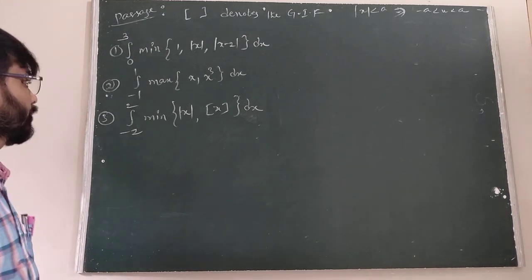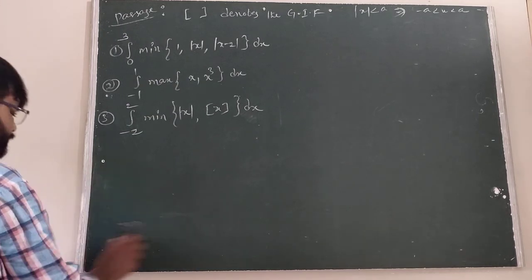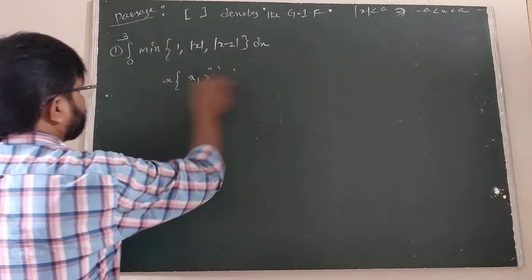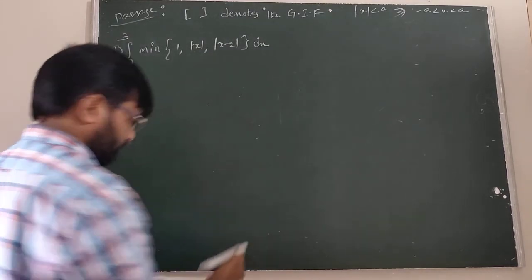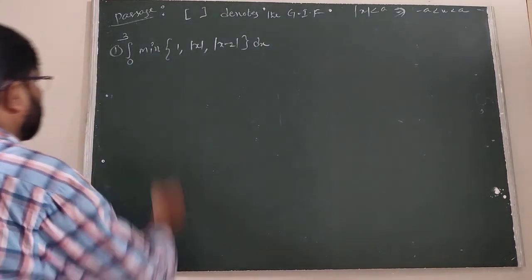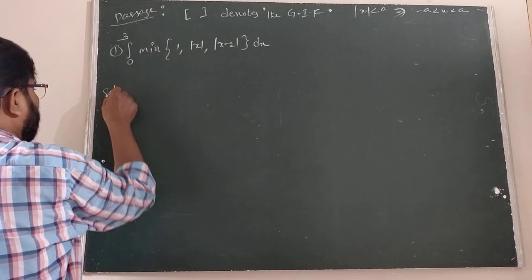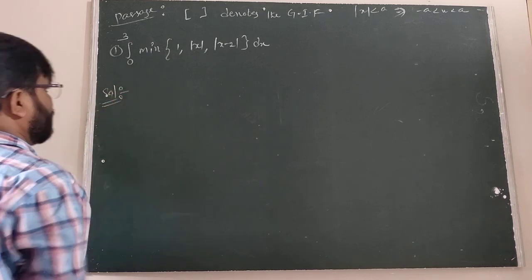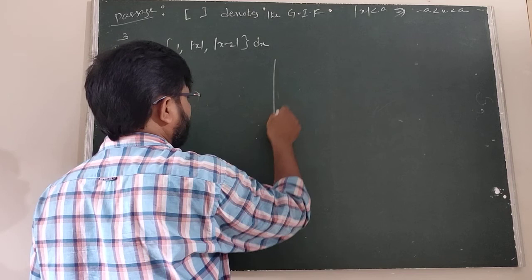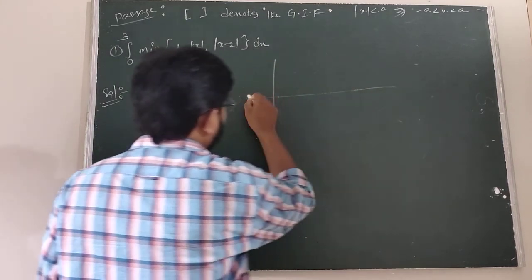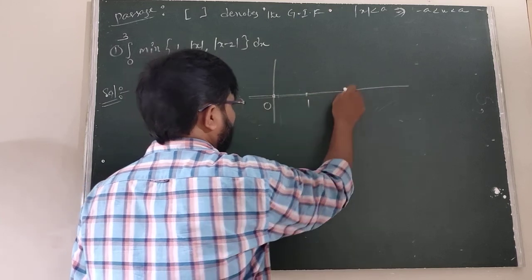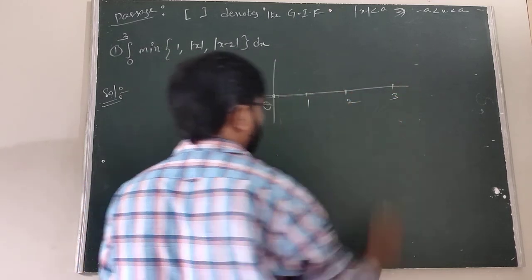Okay. So here the first one, all of you listen here. How to solve this one? Please concentrate here. We have to take here 0, 1, 2, 3.